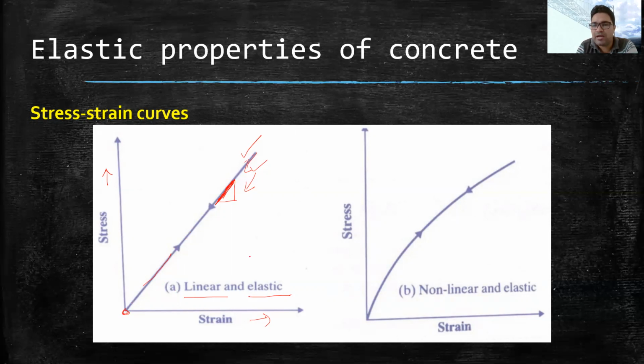While if we look at the second diagram, it is non-linear, but it is elastic, which means stress and strain are not proportional to each other in this case. But if we apply the stress, strain is increasing, and the behavior looks like this curved form. At the same time, if we remove the load, the material may take some time to regain its shape.